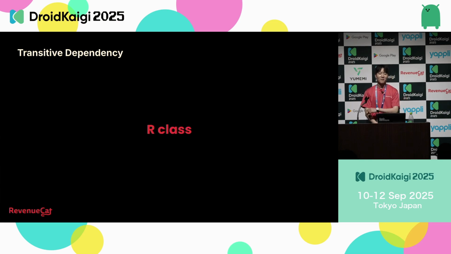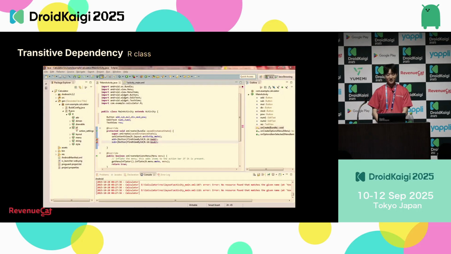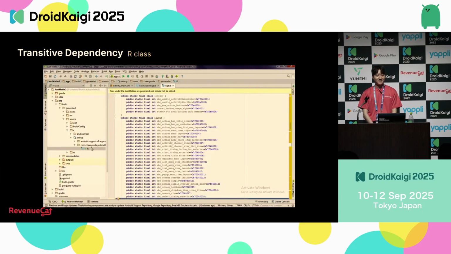And now let's talk about the R class. Does anyone really remember the old school Eclipse IDE for building your Android apps? In the era of Eclipse or a very early version of Android Studio, we were able to access the R class.